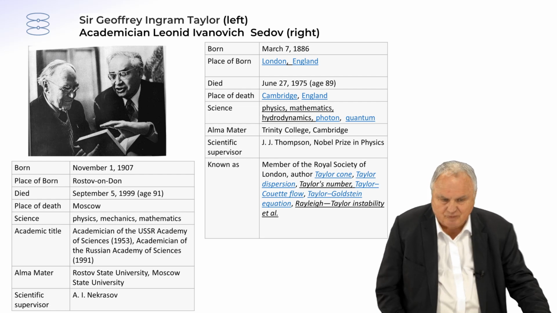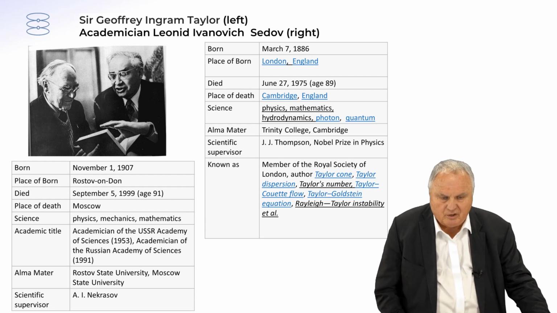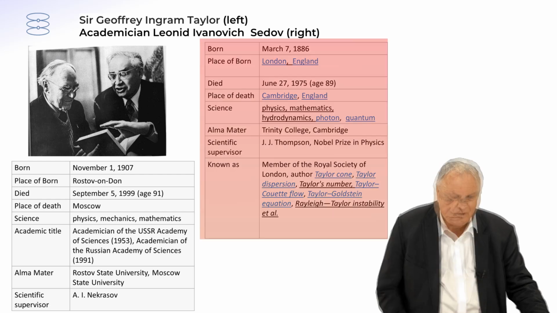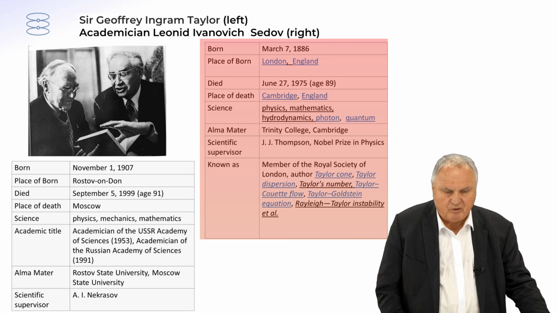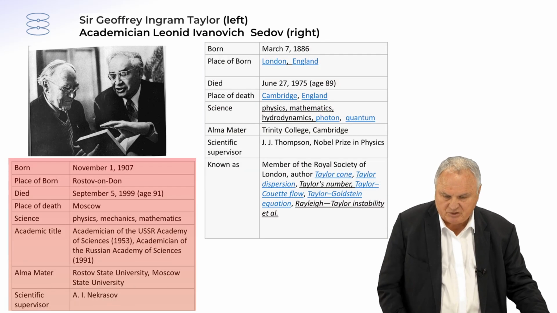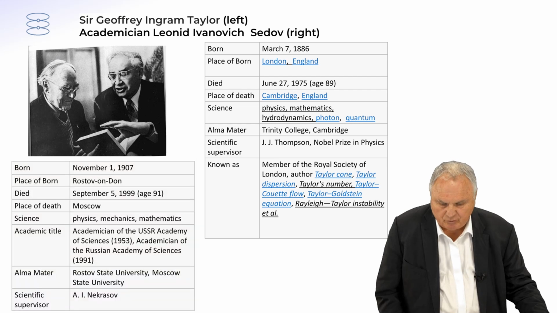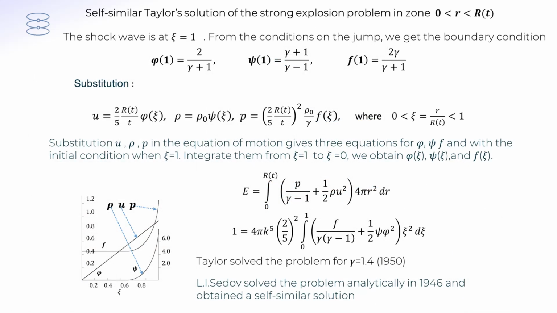This is Geoffrey Taylor, and this is academician Leonid Sedov, a Russian academician who solved the same problem. This is information about Taylor, this is information about Sedov. Let's introduce the self-similar Taylor solution of the strong explosion problem in the zone between the point of explosion and the position of the shock wave at time t.